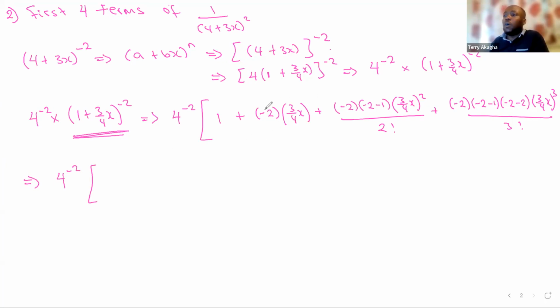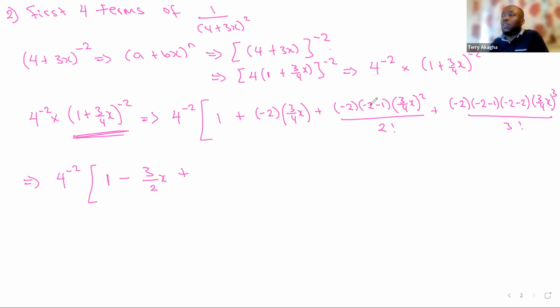When you simplify all this, it's going to give you 1 plus. It's going to give you minus because of this minus. So I can just go straight and put minus here. And that should give you 3 over 2x when you simplify that. When you press your calculator and simplify all this, it should give you 3 times 3 over 4x squared.